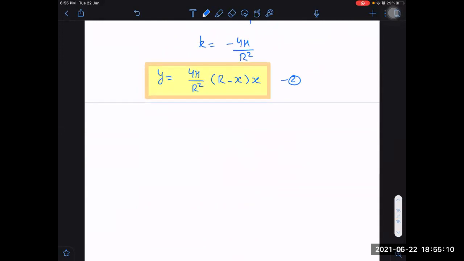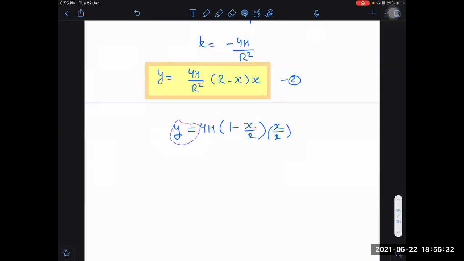Sometimes I prefer to write it in a different way, although it is the same thing: (1 minus x by r) into (x by r) into 4h is equal to y.